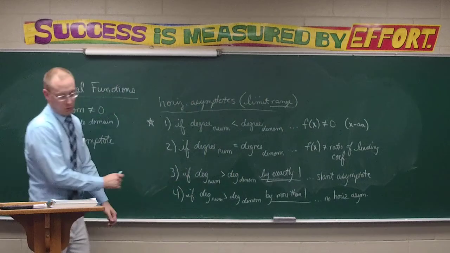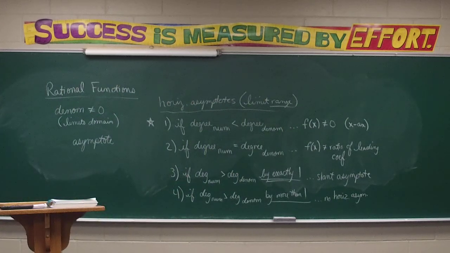There are no horizontal asymptotes. Only the vertical asymptotes, which creates a particularly strange looking graph.